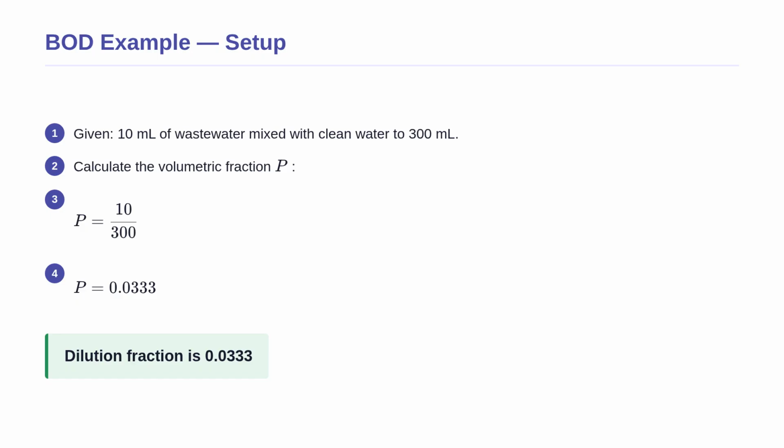We divide the volume of the wastewater sample, 10 milliliters, by the total volume of the diluted mixture, 300 milliliters. This gives us a volumetric fraction P of 0.0333. This tells us the actual polluted water makes up only about 3.33% of the liquid in the test bottle.